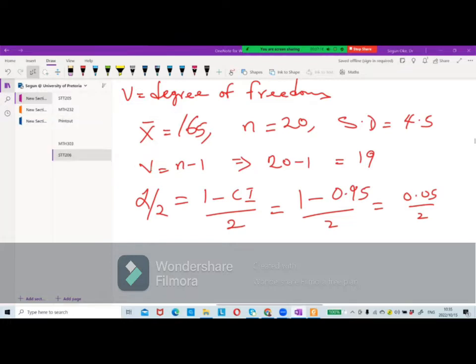Okay, so they ask us to construct it. We don't know it. That's why you are just given the confidence interval percentage, then construct it for us. Within what range are we talking about?